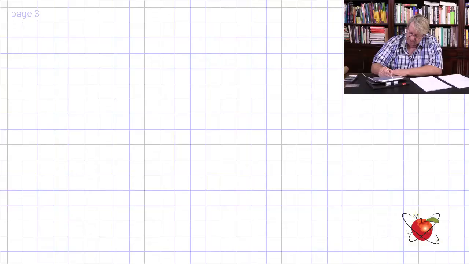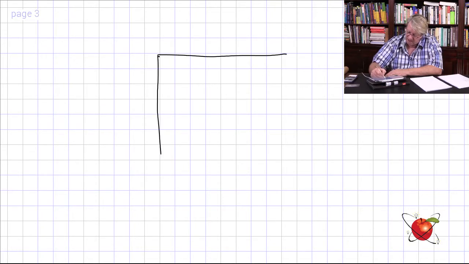Let's take this problem here where we've got two blocks on a table, and we've got them balanced, with forces on either side. So essentially we're looking at something like this.